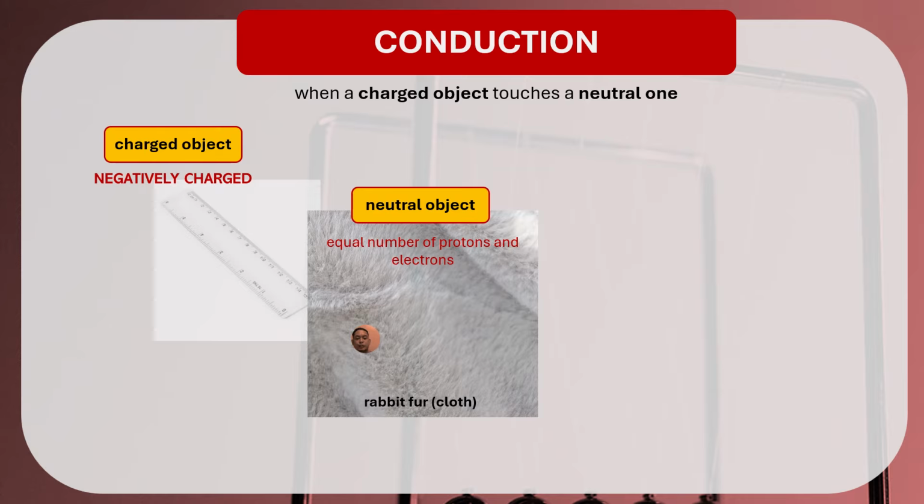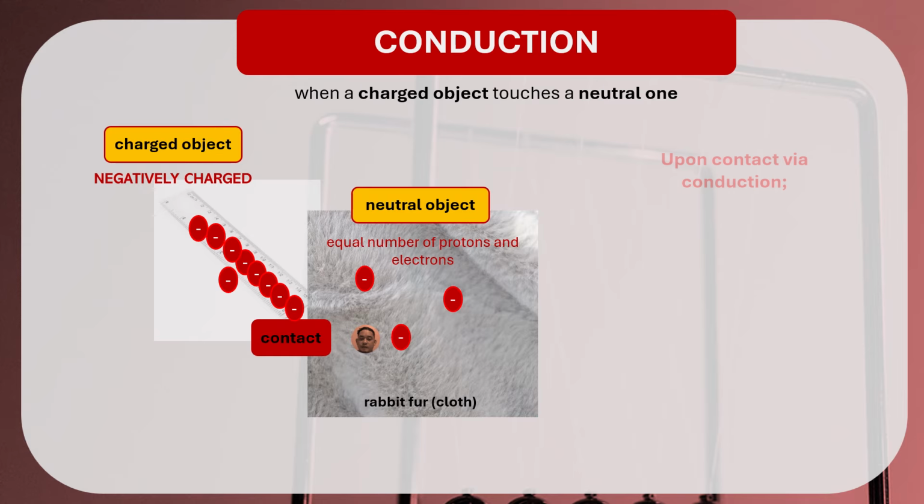Remember, the rabbit fur is neutral and the charged object is our ruler. There is contact, and this charged object has more electrons, while the neutral object has the same number of protons and electrons. In my illustration, I drew it that way to let you visualize how conduction happens.